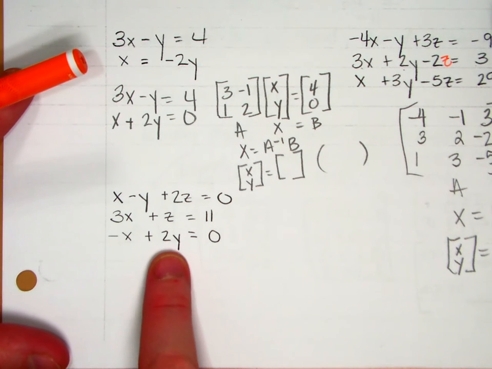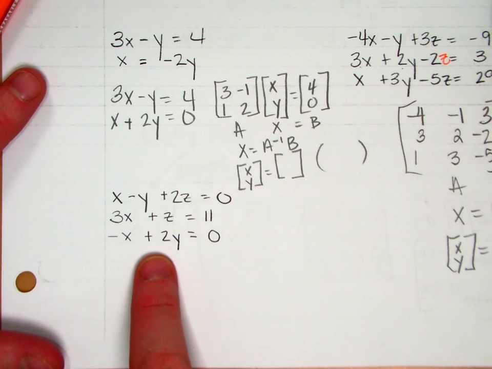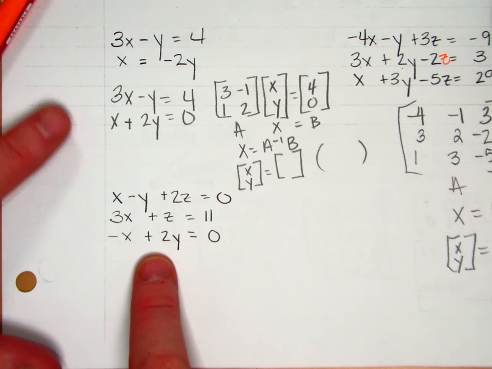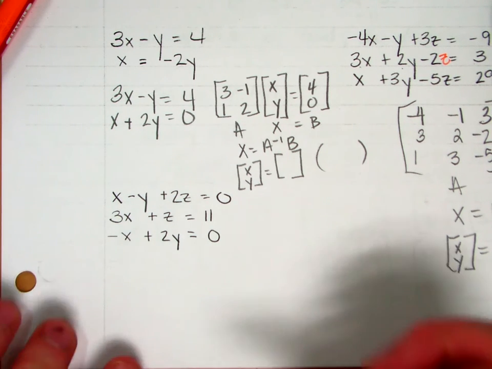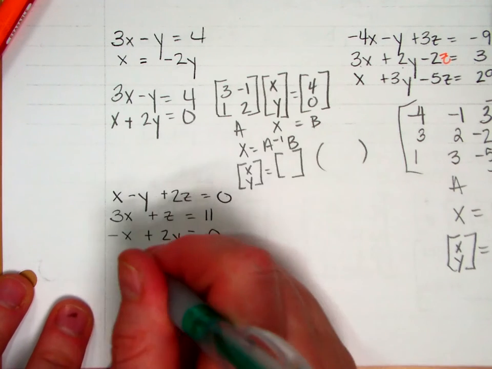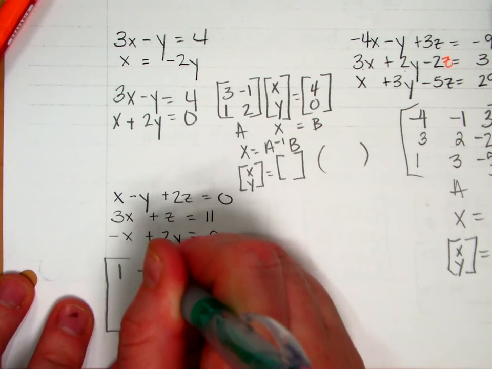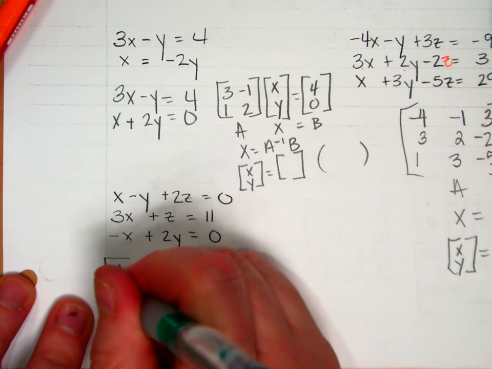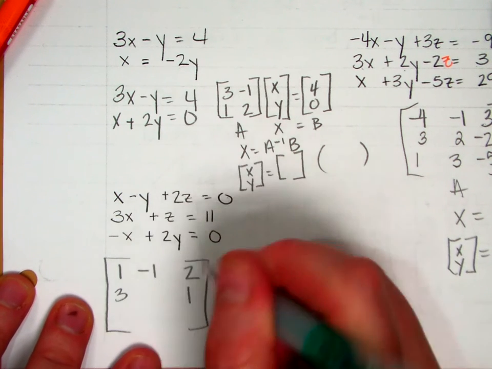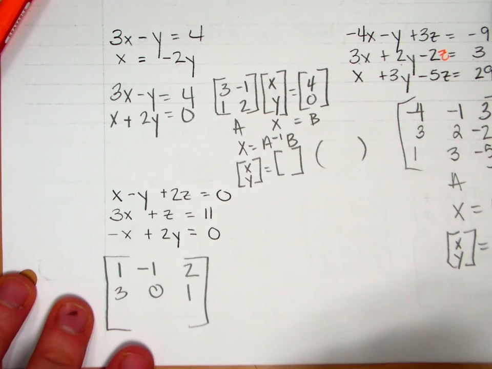This last one I really want to talk about here. You have missing parts. You're missing an x, you're missing a y, you're missing a z, and every part has to be accounted for in your matrix. So the coefficient matrix would be a 1, negative 1, 2. I have an x, so that's a 3. I have a z, that's a 1, but since I have no y, I have to put a 0 placeholder there.